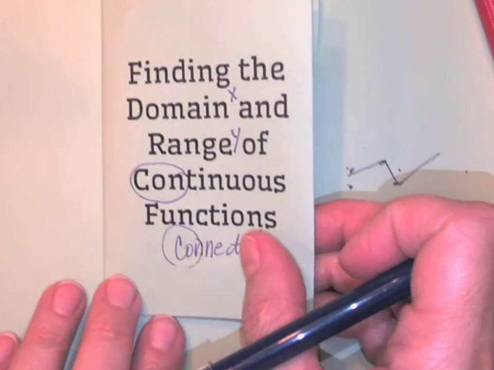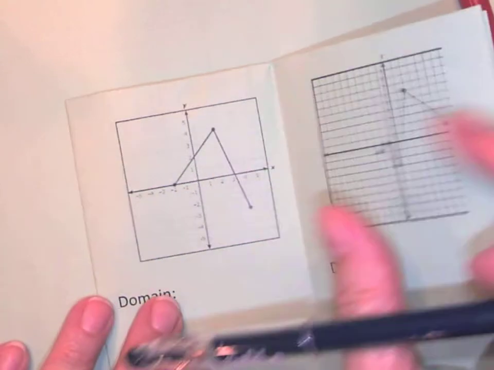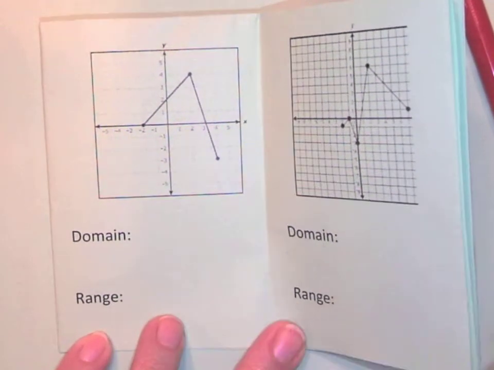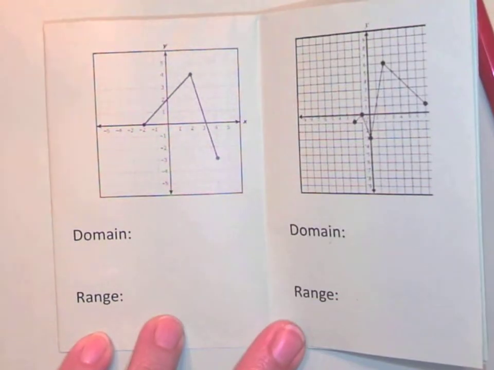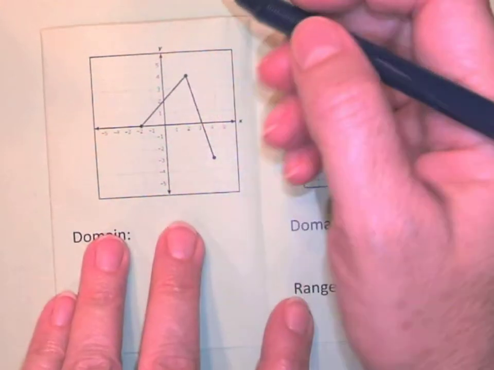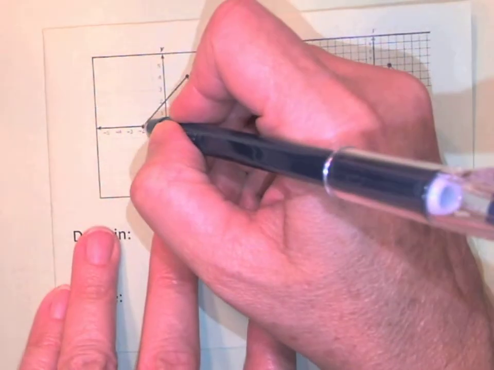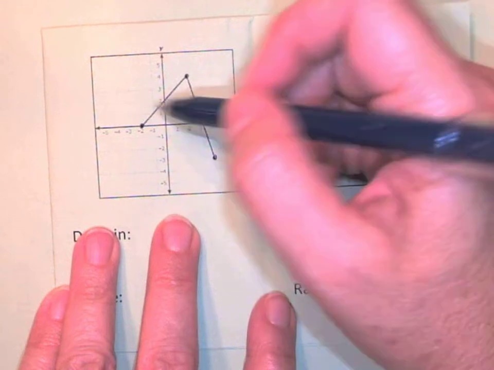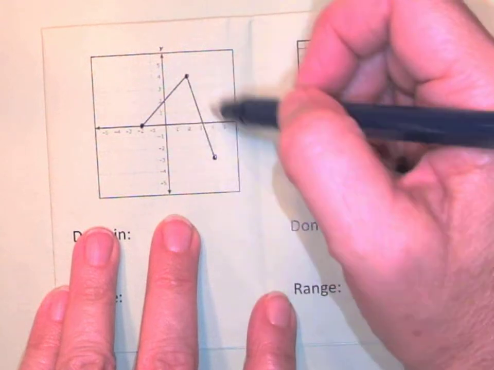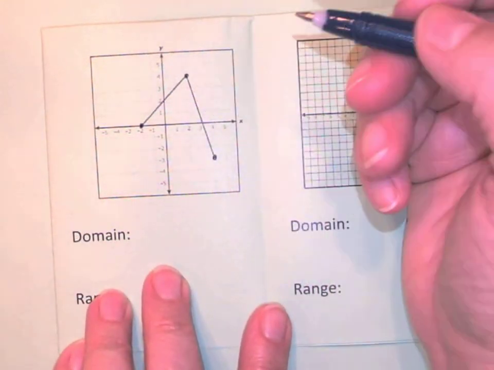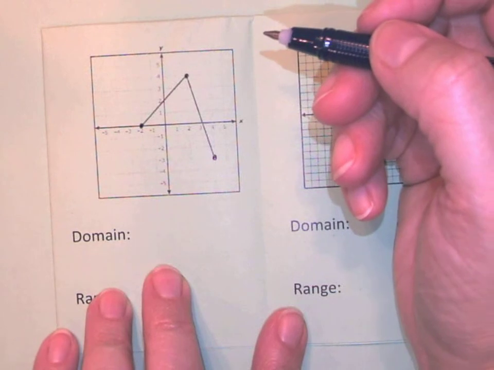So let's look at a couple of examples. There are different kinds of continuous graphs that we do domain and range on. The first ones that we're going to look at are the ones with endpoints. They have a start and a stop. We want to talk about all the x's in this function.